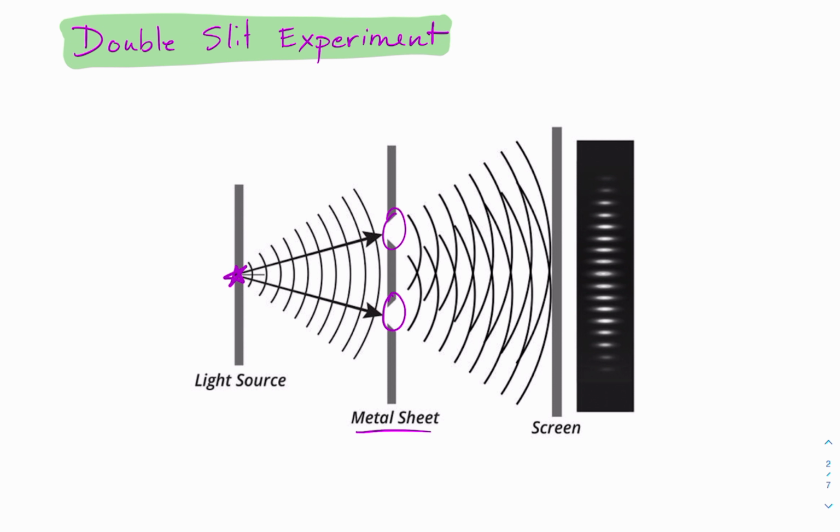And what you will see as the light actually hits a screen is something that looks like this. You'll see constructive light patterns here, and it will look like lines on the screen.